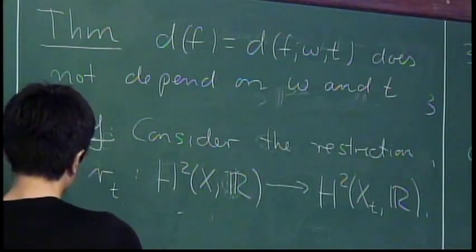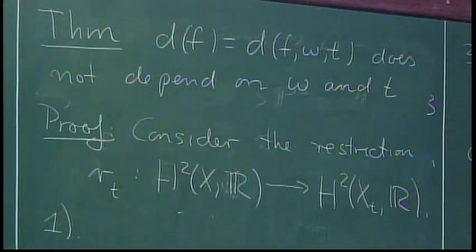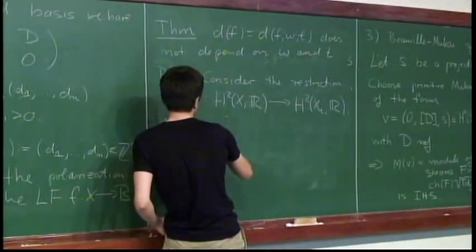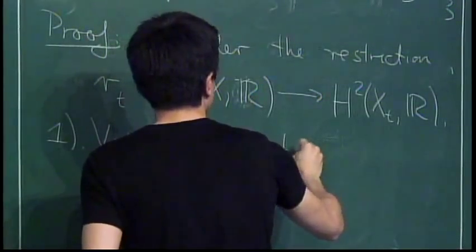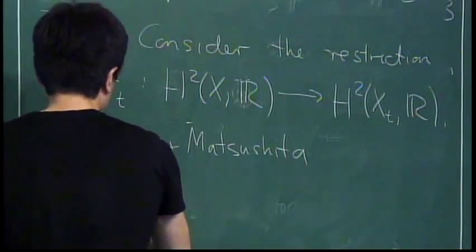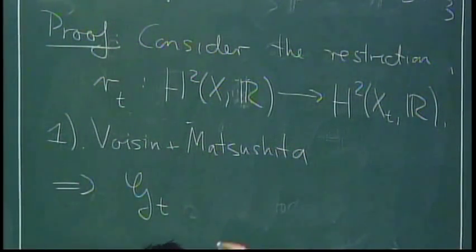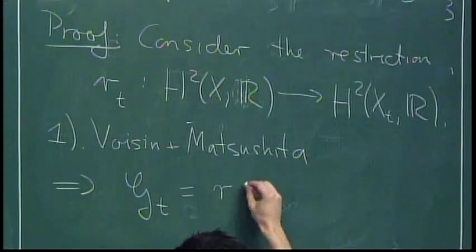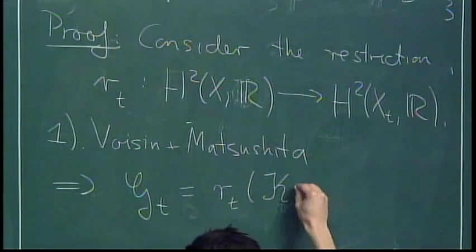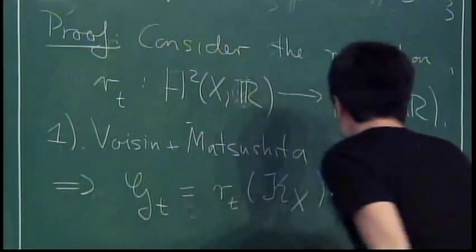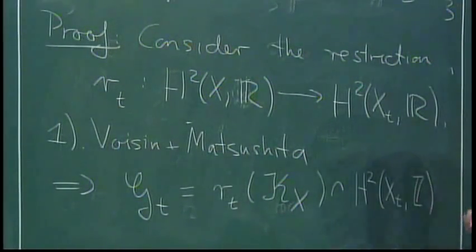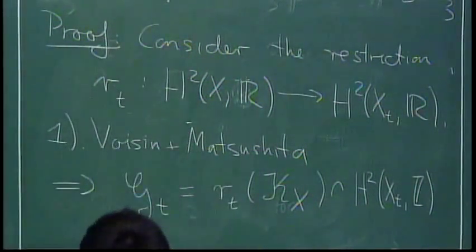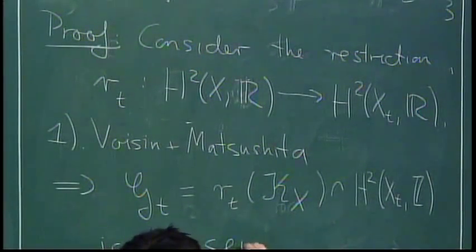The first step is that you have to apply a result of Voisin and then a result of Matsushita to see the following: the object defined by the image of the restriction mapping of the Kähler cone of X intersected with the integral cohomology of the fiber is a semigroup of rank 1.